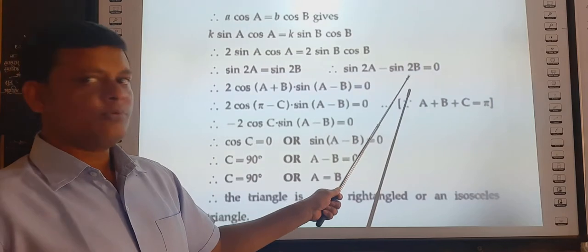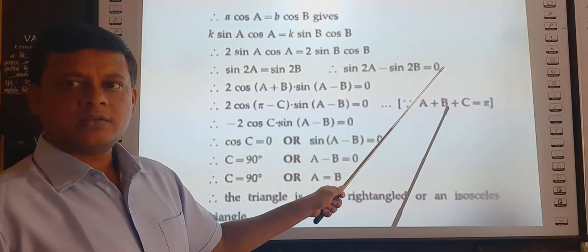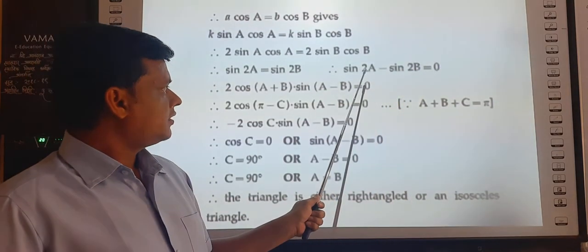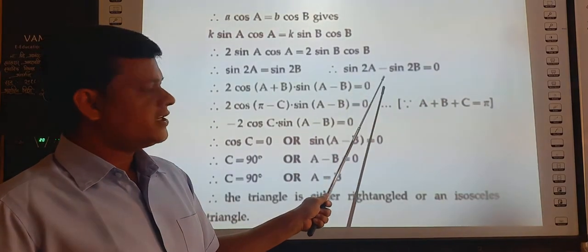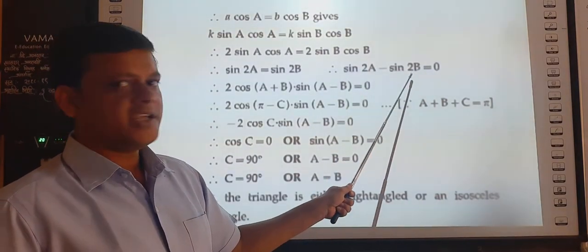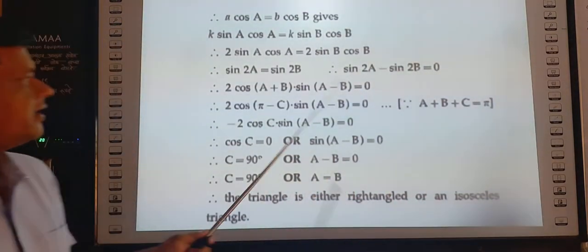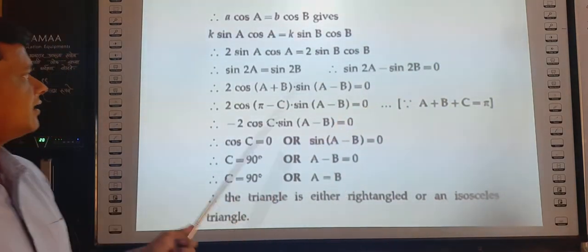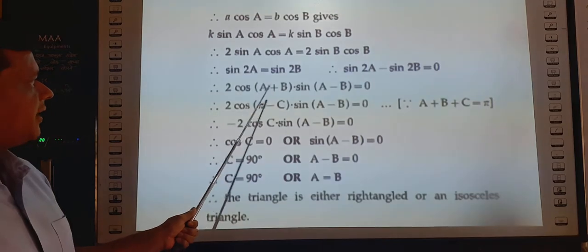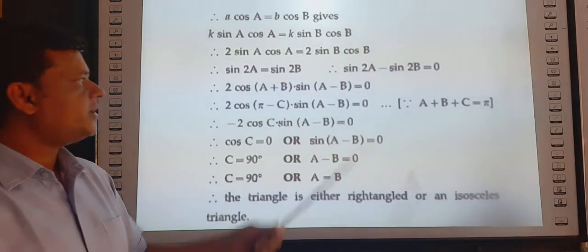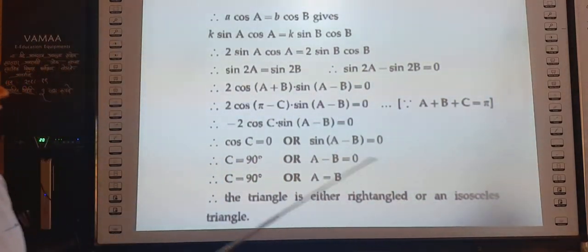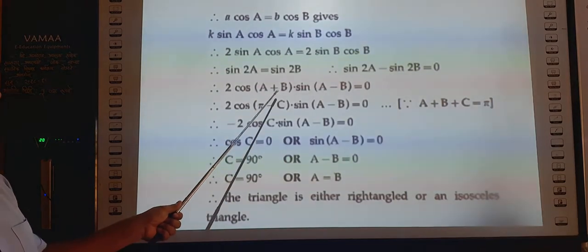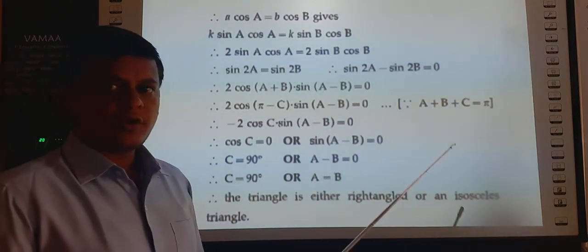Now this is of the form sin c minus sin d. Here instead of c, the angle is 2a, and instead of d, the angle is 2b. So we write the formula for sin c minus sin d. Using that we get 2 cos (a plus b) into sin (a minus b) equals 0. Now this a plus b can be written in terms of c.